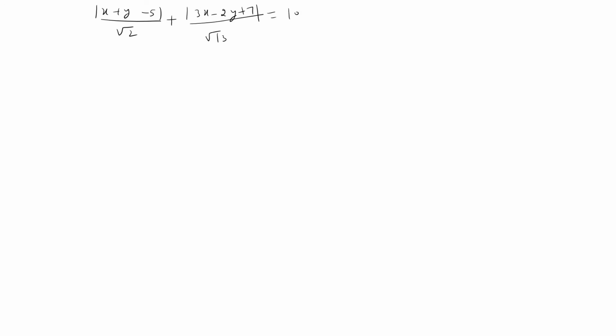So the LCM will be root 13 into (x plus y minus 5) plus root 2 into (3x minus 2y plus 7), equal to 10 into root 2 into root 13. Root 2 into root 13 is root 26. So just open it, root 13x.